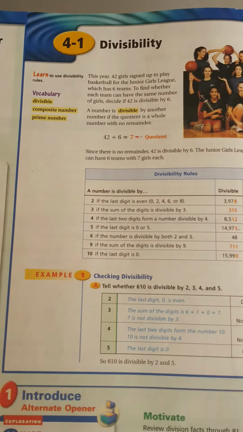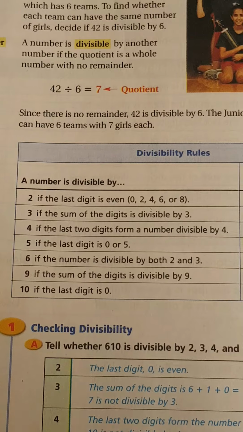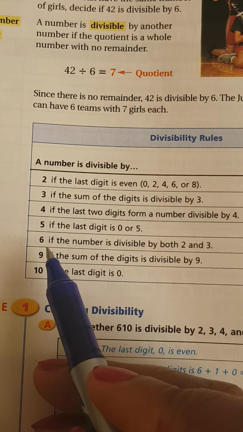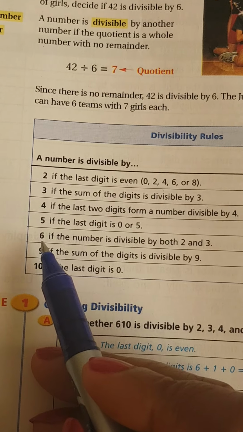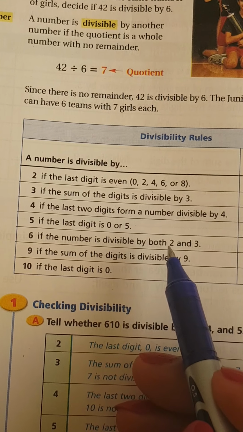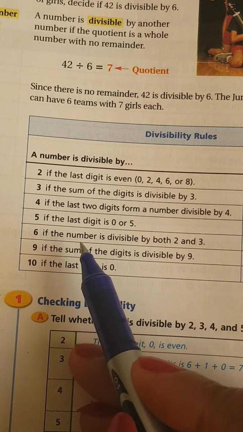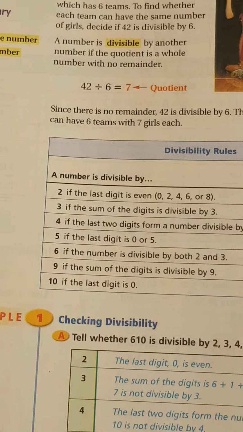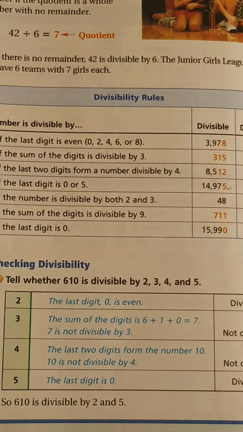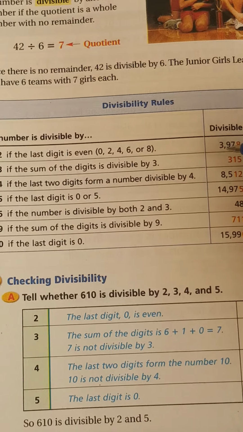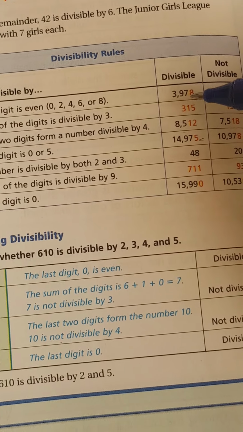Don't get confused. Now, how can you tell that a number is divisible by 6? If the number is divisible by 2 and 3. Listen. You have 3,978.